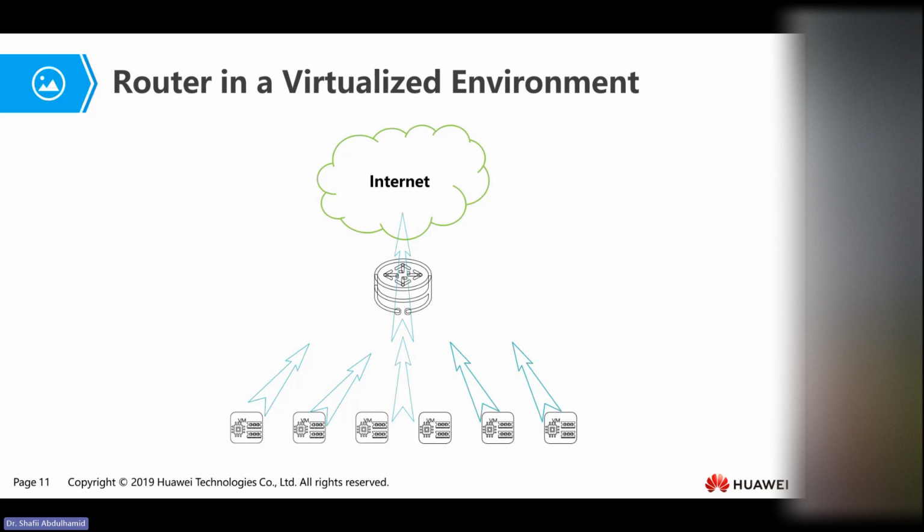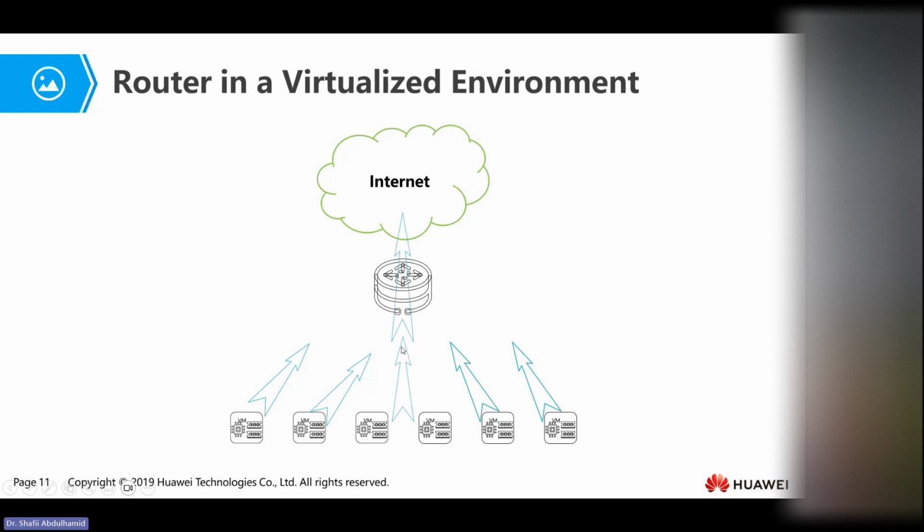So let's go to this. How routers basically work in a virtualized environment is what we are going to explain. Routers always connect our network to another network, or we can simply say to the internet. So you can have virtual machines sending information to the router, and the router sending this information to another network outside of our network.